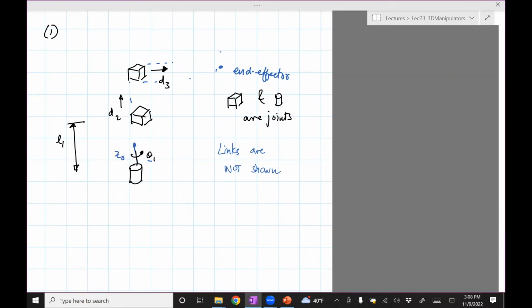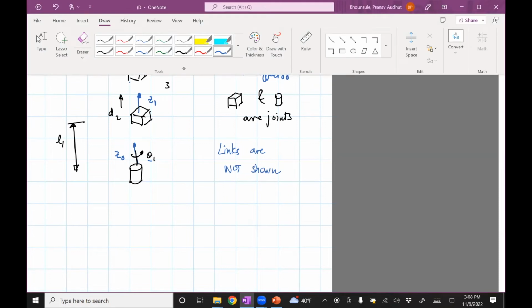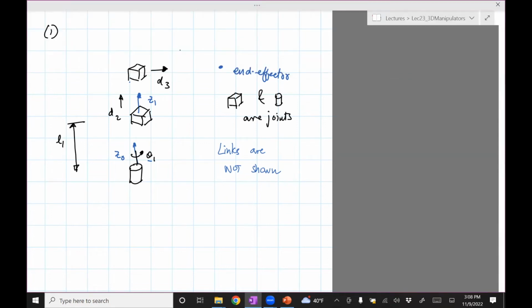The axis of actuation of this one is this, Z1. And the axis of actuation of the last joint is this, so let's just put it here, Z2. Okay, that's step number 1.